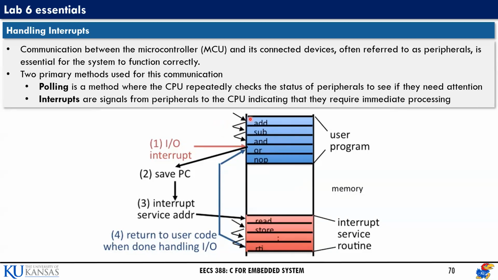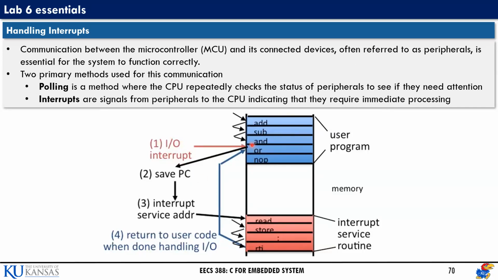For example, here the microcontroller was trying to complete each of these instructions inside our user program, and suddenly it got an interrupt, that is an I/O interrupt, and it pauses its execution by saving the program counter, because after completing the interrupt operation, it has to come back here.